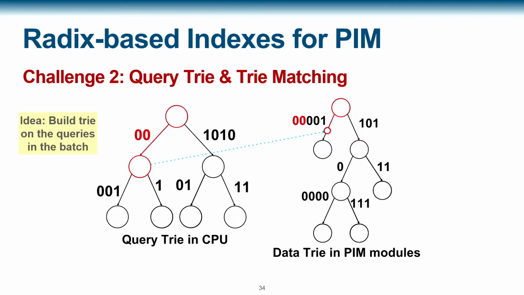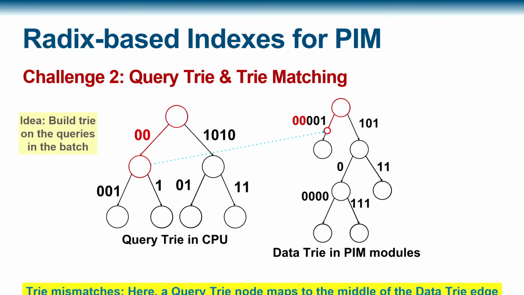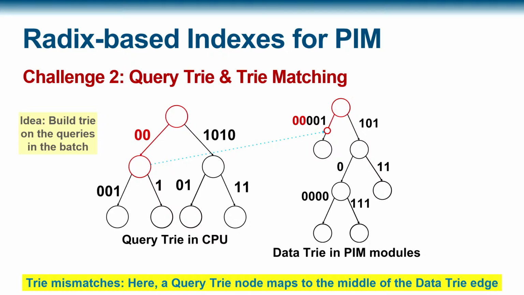And now we're trying to do this matching. We're trying to find where in here is a corresponding thing in here. But as this illustration notes, just because there's an internal node in a trie for the prefix 0, 0, because you have multiple strings that you're looking up that start with 0, 0, and then they diverge from there, doesn't mean that in the full data set there's going to be a similar node, right?